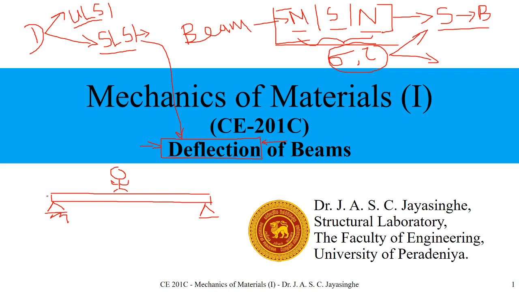You can calculate the required bending moment, shear force, and axial force. Say it is okay, so it is not going to fail under the strength criteria: moment, shear force, and axial force.